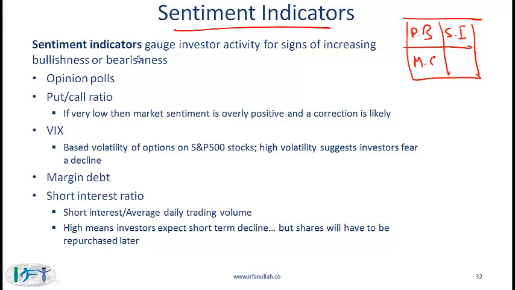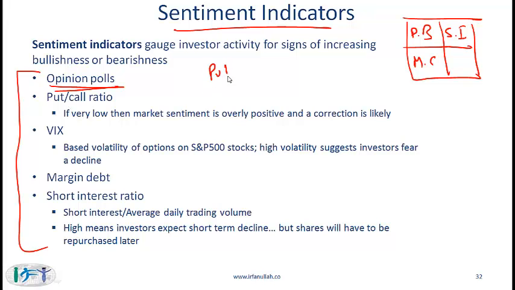Sentiment indicators gauge investor activity for signs of increasing bullishness or bearishness. So these are not based on prices. The various sentiment indicators that you need to be aware of are shown over here. The most basic is an opinion poll, where you ask investors or those who are impacting the market about their sentiment, and based on the polls you determine whether the sentiment is bullish or bearish.